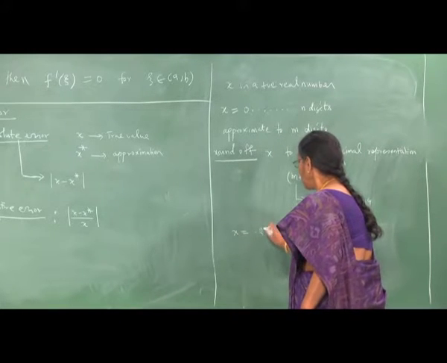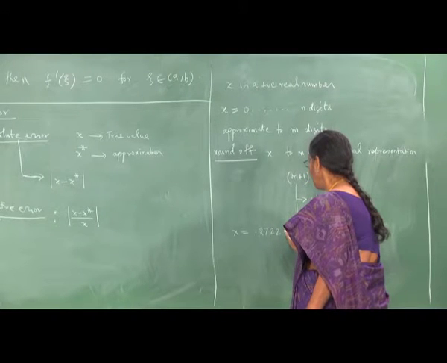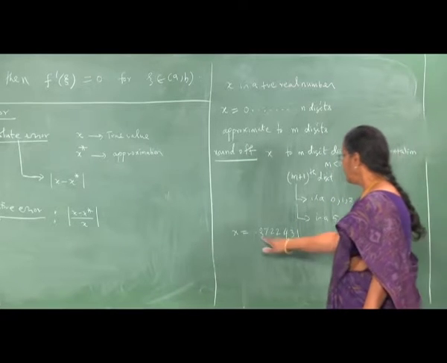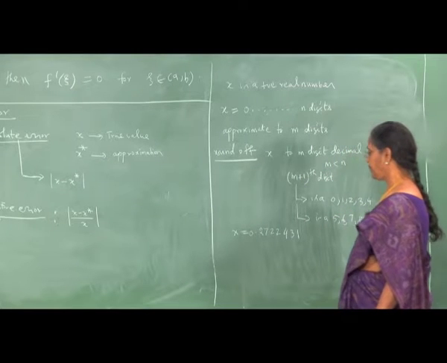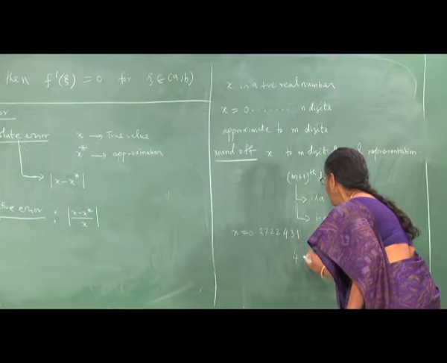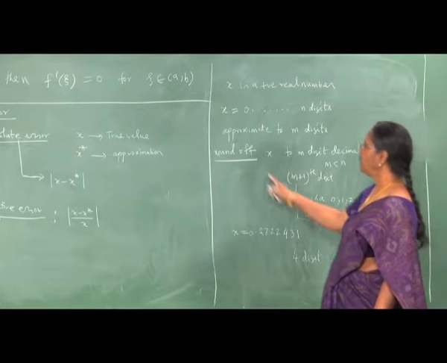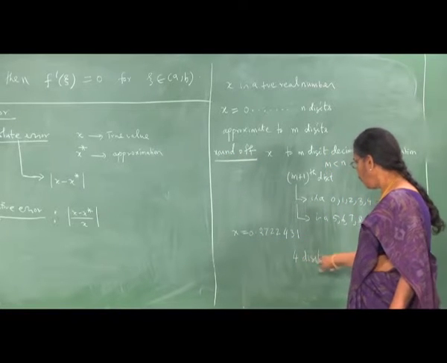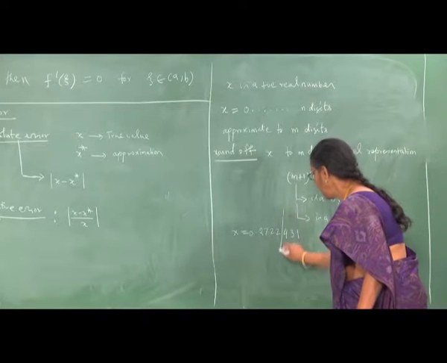Suppose the number is 0.2722431, so I am given a 7 digit decimal representation of the number, and I want to round off this number x to 4 digits.